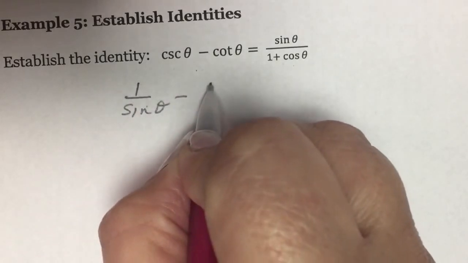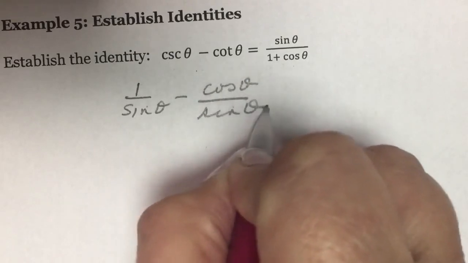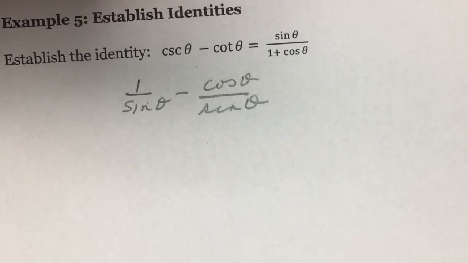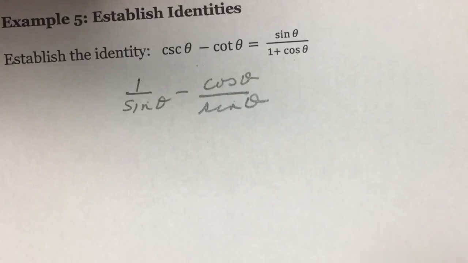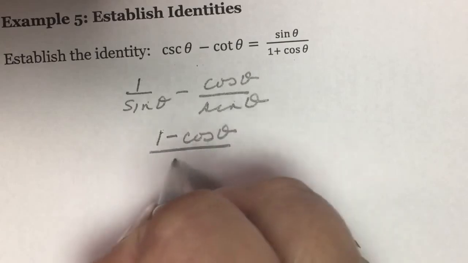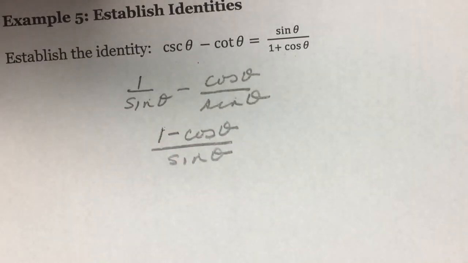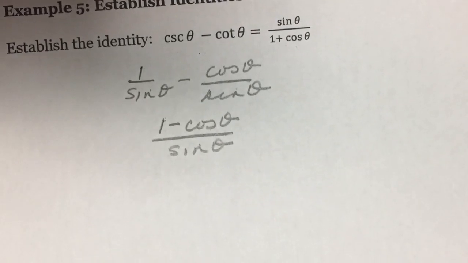Cotangent theta, I'm going to make it cosine theta over sine theta. If I combine those two fractions, I'm going to get 1 minus cosine theta all over sine theta. Doesn't look like the right-hand side yet.